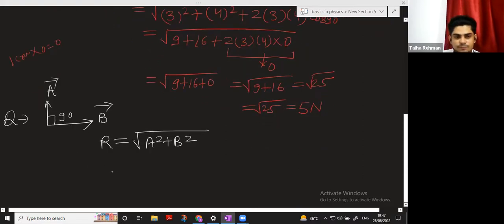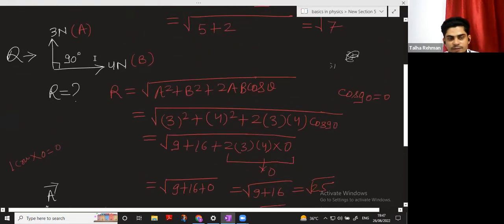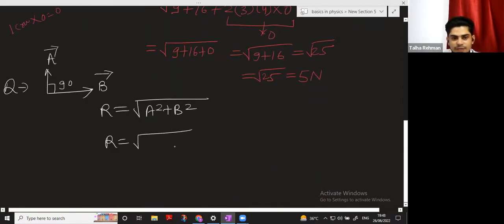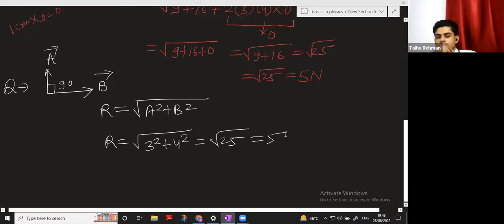Now see, in the previous question, the angle between them is 90 degree, so we can directly find 3 square plus 4 square, that is 25, that is equal to 5. Fine.